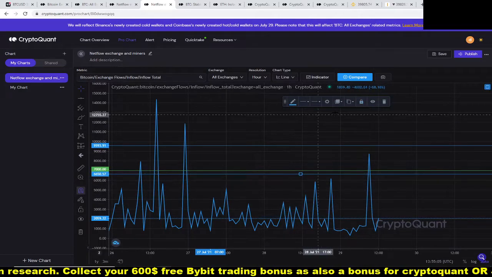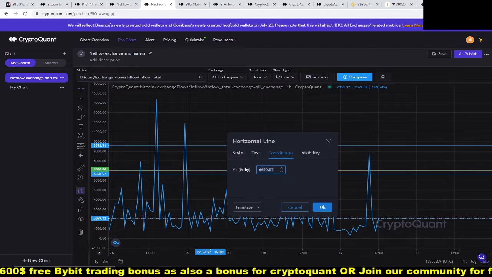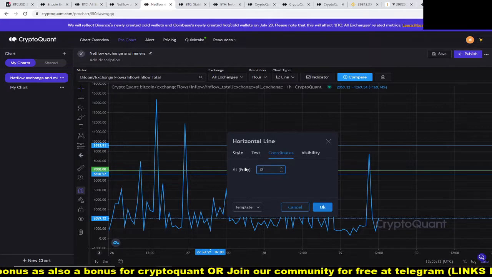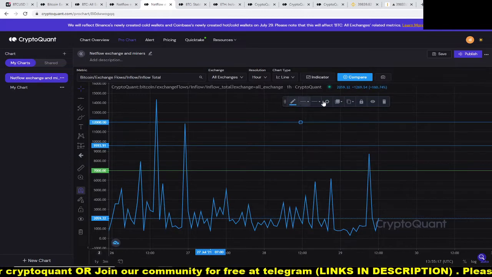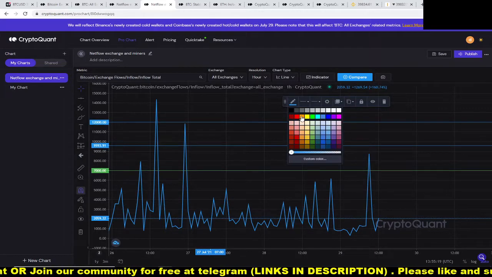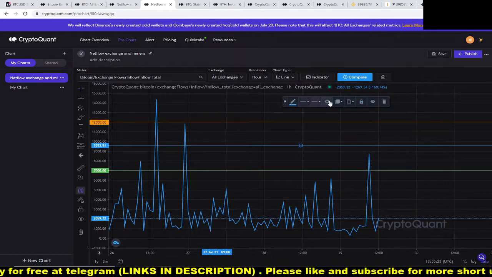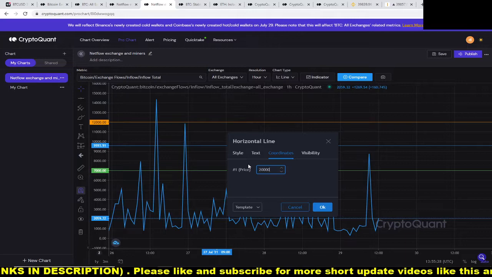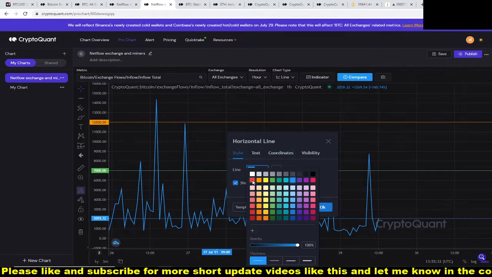The second line, I'm going to coordinates. And I'm putting this on, let me say, 12,000 Bitcoin. Like this. I'm making that one orange. And I'm locking that. And the third one, I'm going to make this one 20,000 Bitcoin, and I'm going to make it red.